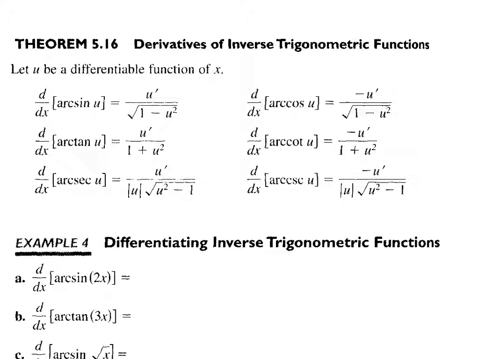The other thing that's nice is if you remember when we did derivatives of trig functions, remember that cosine, cotangent, and cosecant, the ones that start with C, were always negative? Well, that applies here also when you have the arc functions. Arc cosine, arc cotangent, arc cosecant are all negatives. And the other three are all the positives. So really, if you memorize the one set, it's very easy to remember the other three.